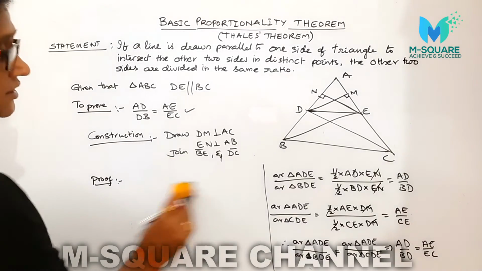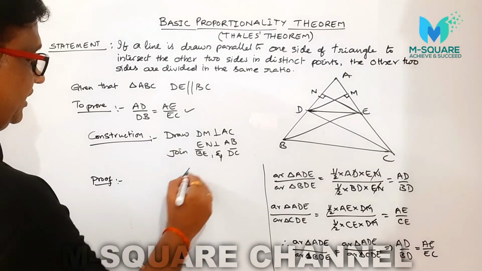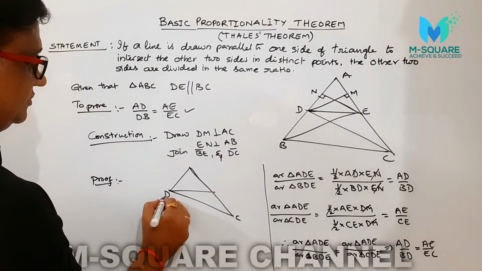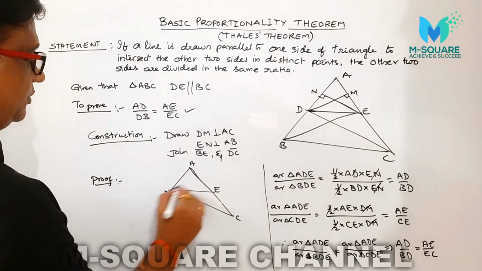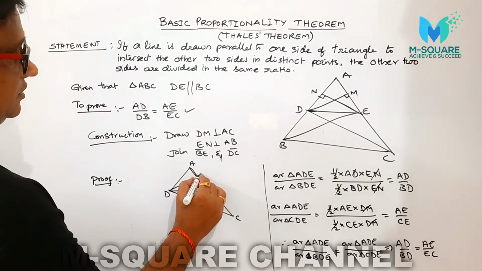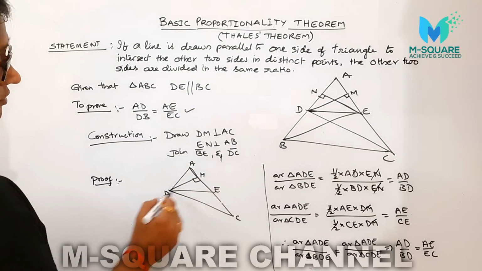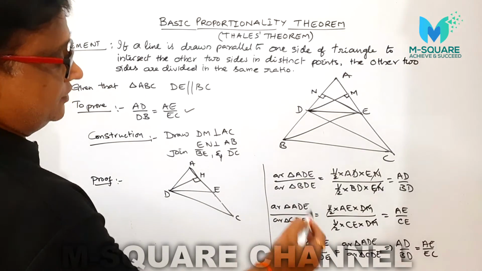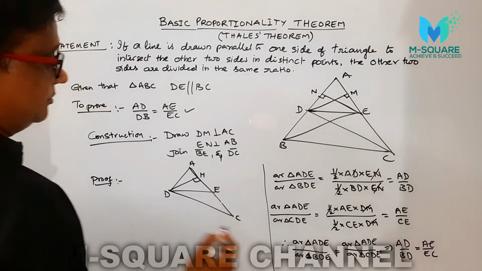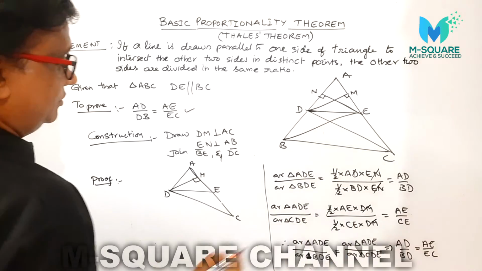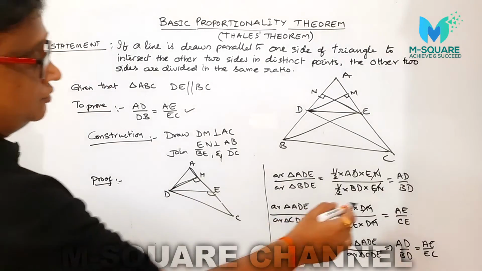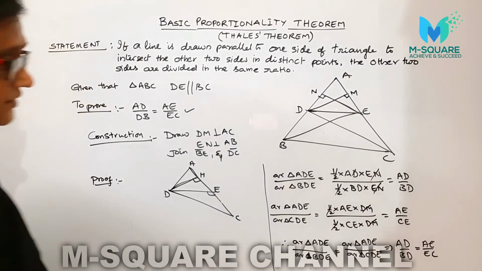Same for ADE and CDE: the perpendicular altitude is DM. So the triangle ADE is half into AE into DM, by half into CE into DM. This is an obtuse angle triangle, the altitude is outside. So DM and half cancel, giving AE by EC.